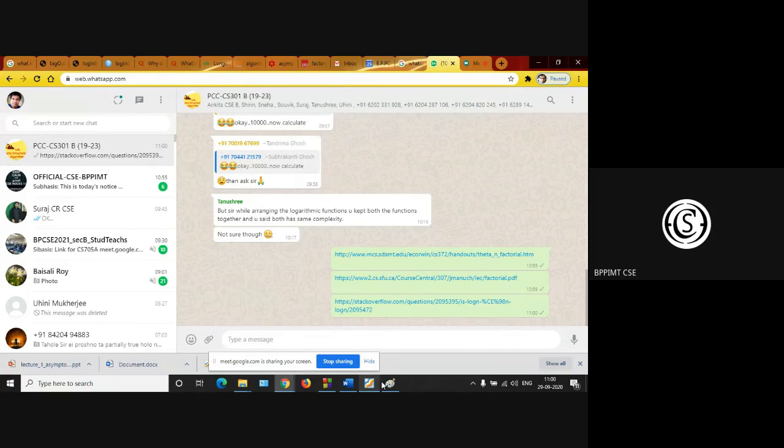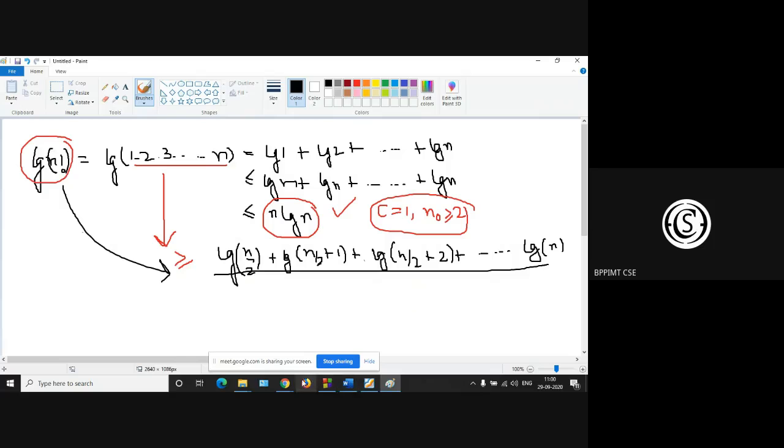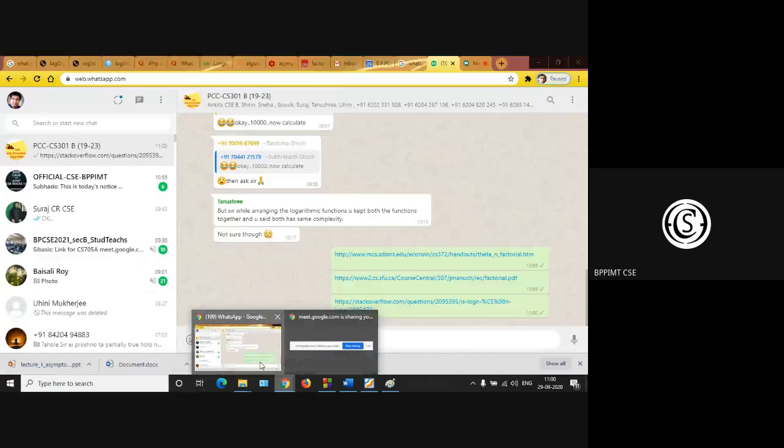Okay, sir. So you can write lg n factorial is big theta of n log n. Now this lg n factorial and n log n have the same growth of function. That's why these two functions lie in the same range.